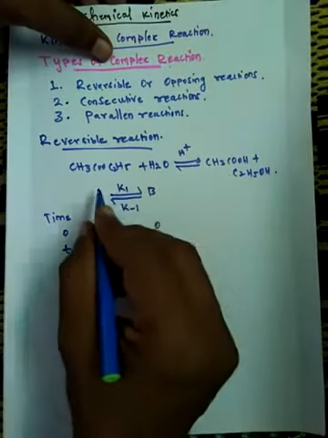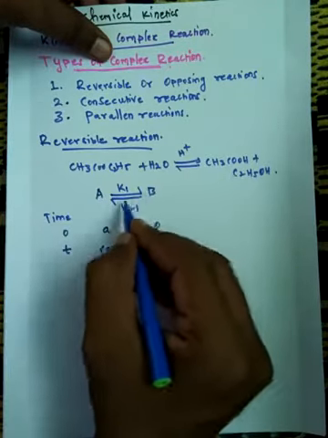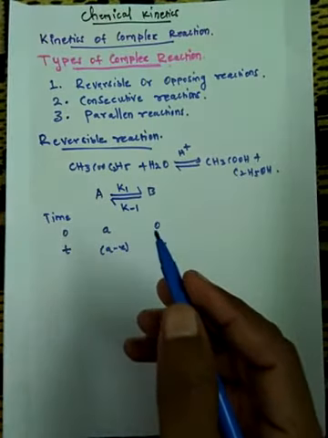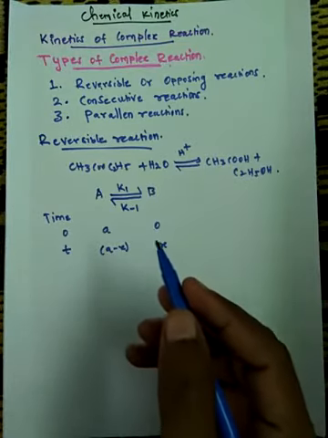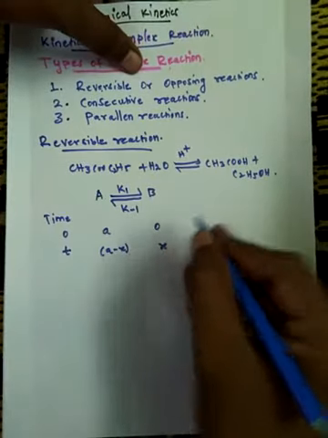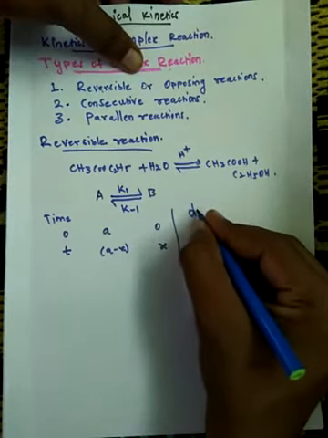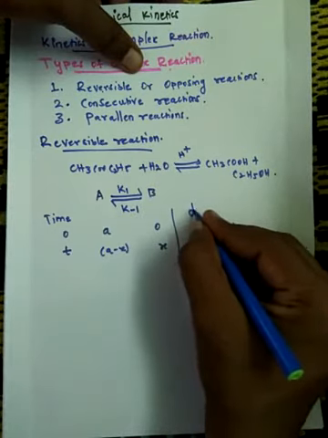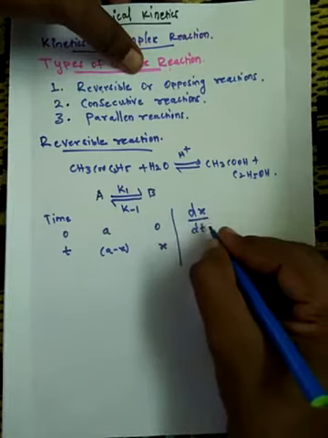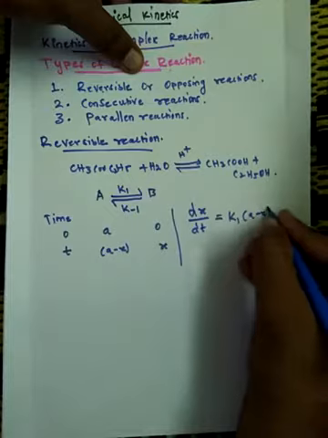So K1 is the rate constant of the forward reaction, and K minus 1 is the rate constant of the reverse reaction. Now I'm going to write the rate expression for the forward and the rate expression for the backward reaction. The rate of forward reaction, in terms of product concentration, I'm writing dx by dt equal to K1 and A minus x.